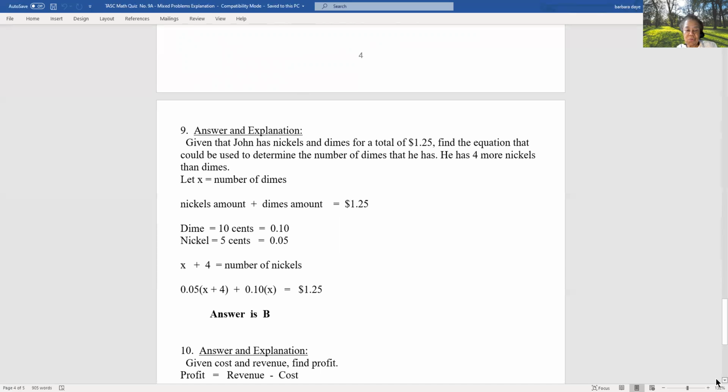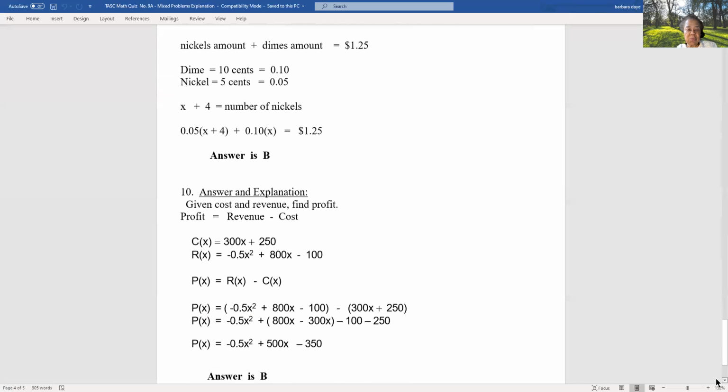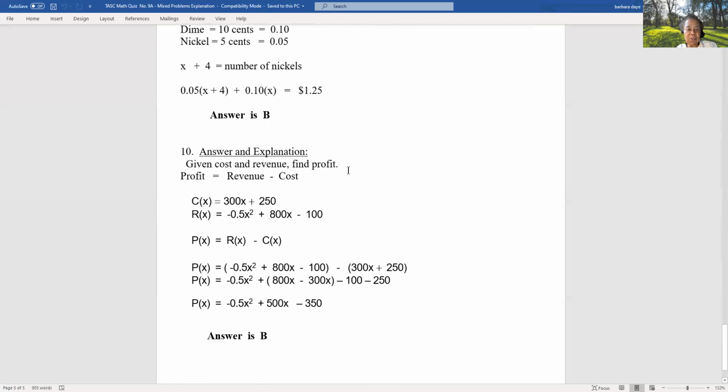Now, let's go to number 10. Number 10 deals with cost, revenue, and profit. Profit equals revenue minus cost. Revenue is what you make when you sell something, and cost is what it costs to produce that something. All right?